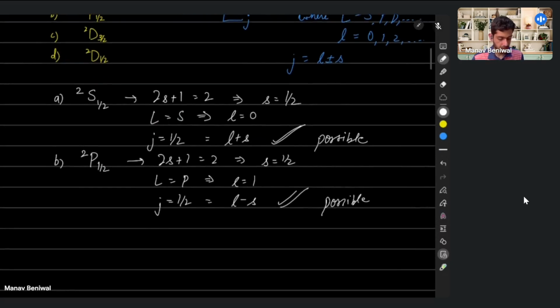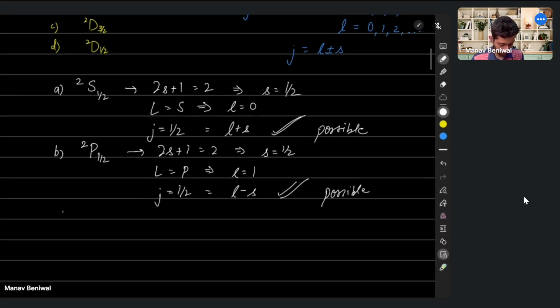Now C is 2D 3/2. Again 2s plus 1 is 2, which implies s is again half.